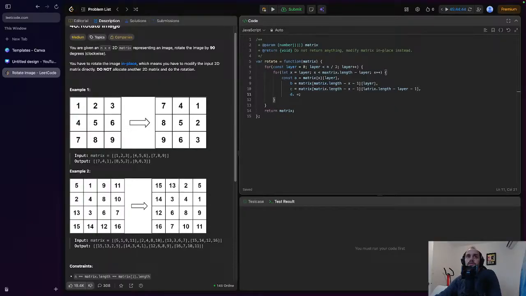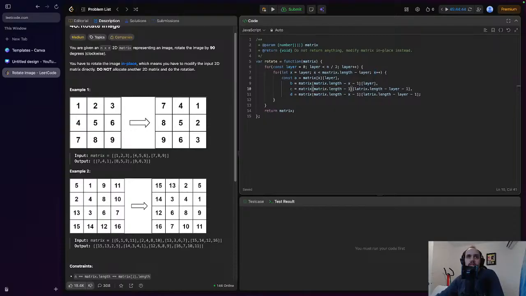And then D is this, except the thing that X affects changes. So this one I'm imagining going left to right, but this B is going top to bottom.